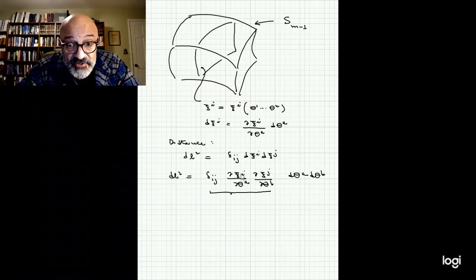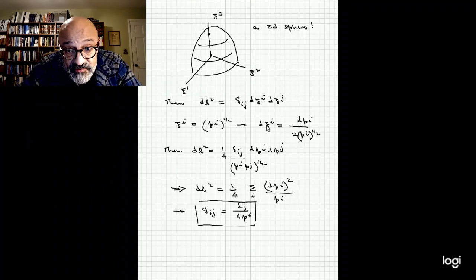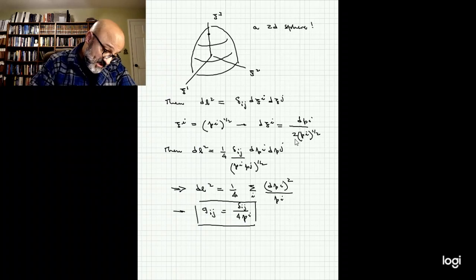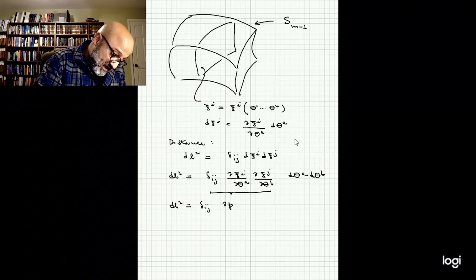And if we go back now to our probabilities, you see when we have the connection between x's and the probabilities, the dx is going to be dp over p to the 1/2 with a factor of 2. So now I'm going to replace this by the derivative of pi with respect to theta A, and there is going to be a delta ij.